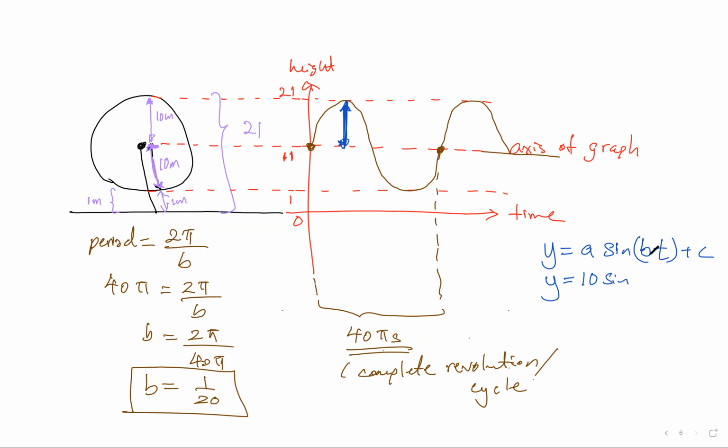And b is now 1 over 20. And what is this? This is your axis of your curve, which is 11. Nice. Are you comfortable with this? And this is your trigonometric equation for how the wheel spins.